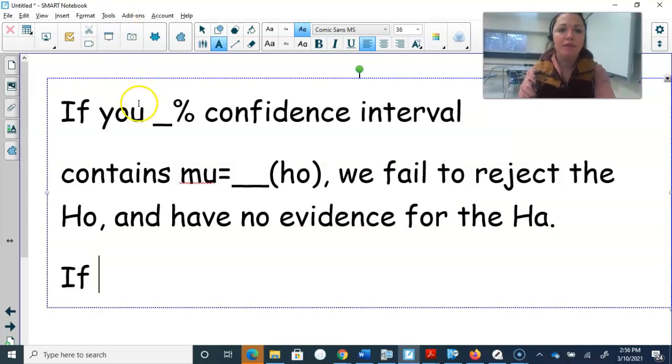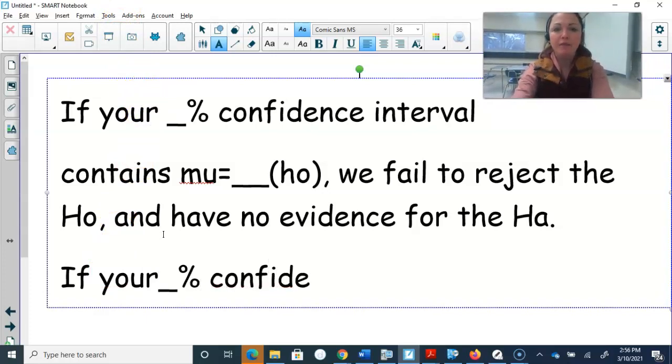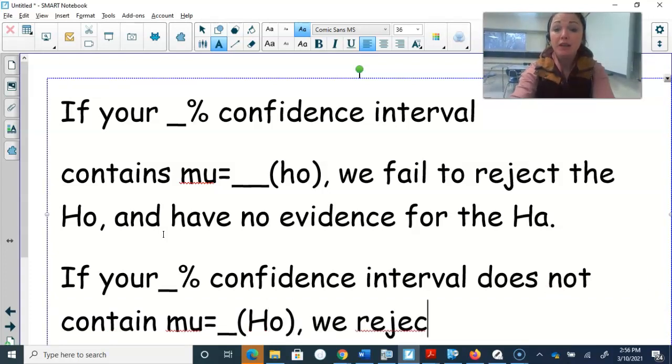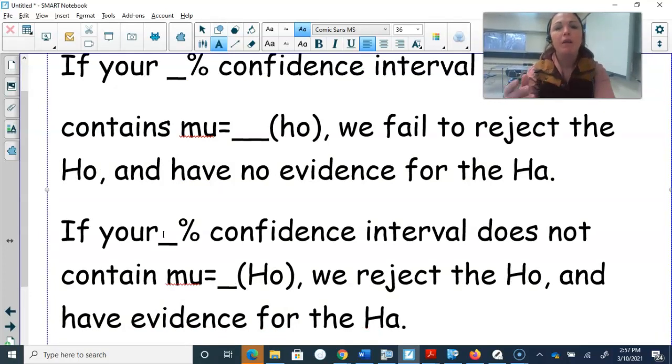If your blank percent confidence interval does not contain whatever mu equals, that again comes from the null hypothesis, we reject the null hypothesis and have evidence for the HA, okay? And have evidence for the HA.